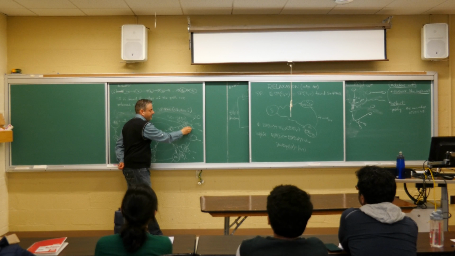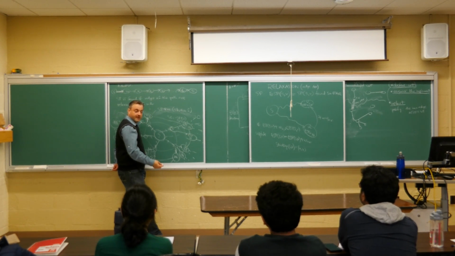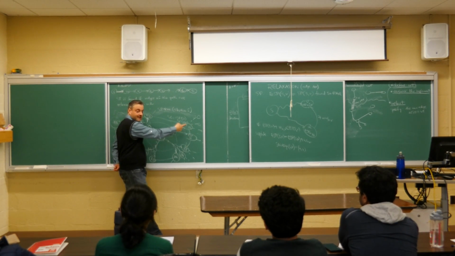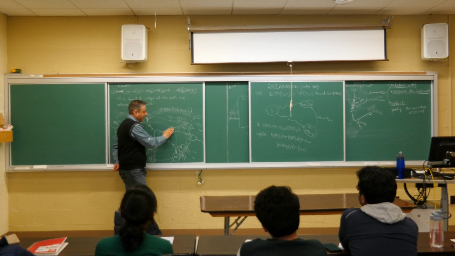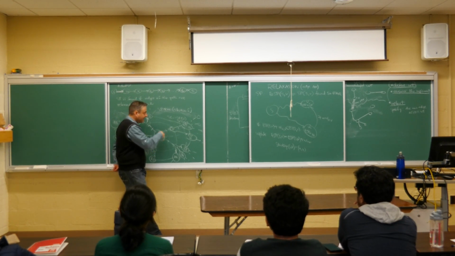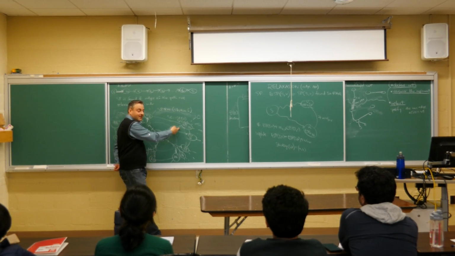I'm going to make this one 13. The problem is this is useless because the 8 is not the shortest path, which means when I relax this edge later on, I'm going to get here a 5. Then I need to relax this edge again.